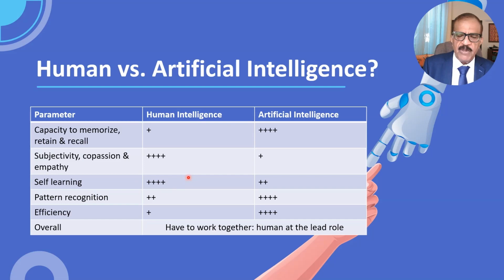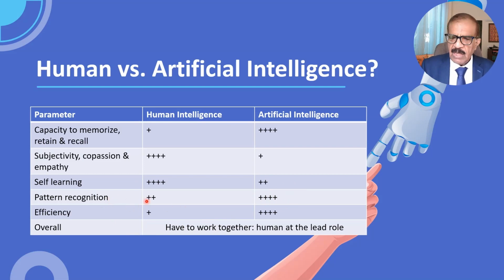For example, if we have seen somebody earlier and we meet him next time, we immediately recognize his face because the image of his face is built in our mind, and we can recall and connect the person with that. But a machine can also self-learn, and this is the new capability of machines.